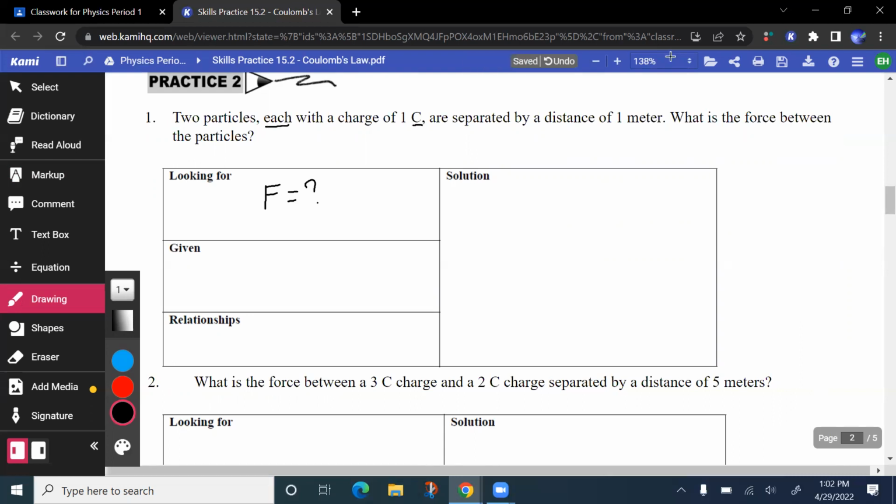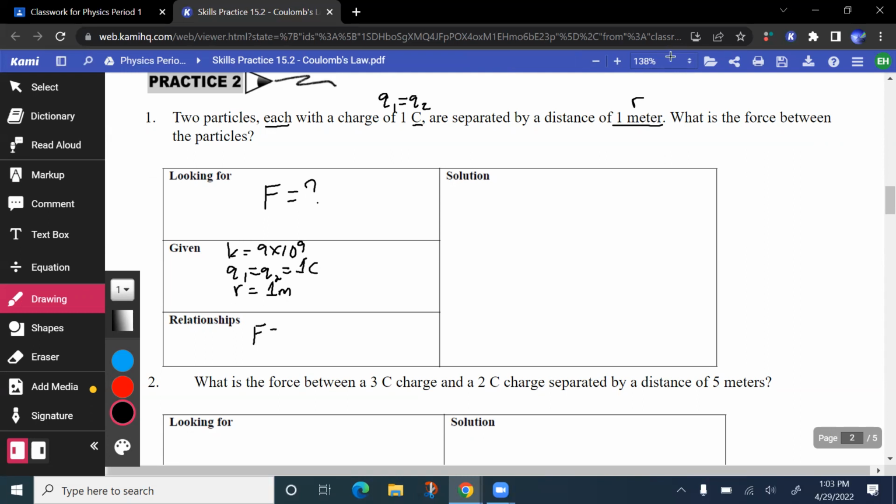So each with a charge, that means Q1 and Q2 are both 1 Coulomb. And we're separated by 1 meter, that would be R. So K, we always have to list K. K is 9 times 10 to the 9. Charge 1 and charge 2 are both 1 Coulomb. The distance R is 1 meter.